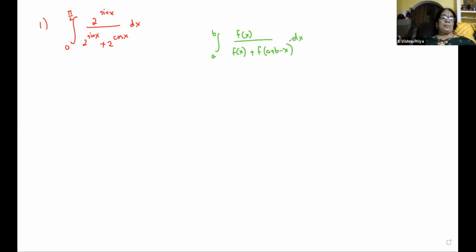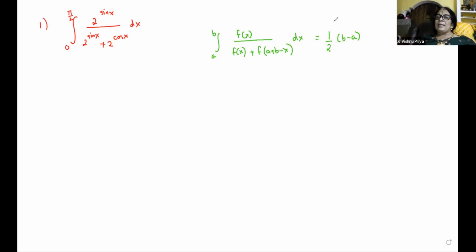If our integral is of this type, then directly the answer will be 1 by 2 into b minus a. Simple. You remember this formula.